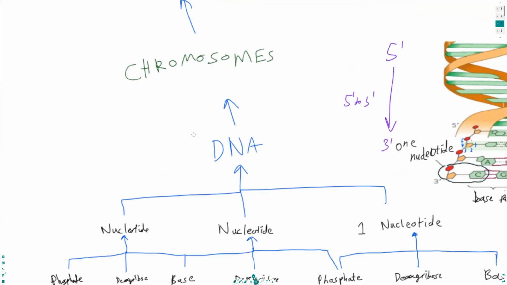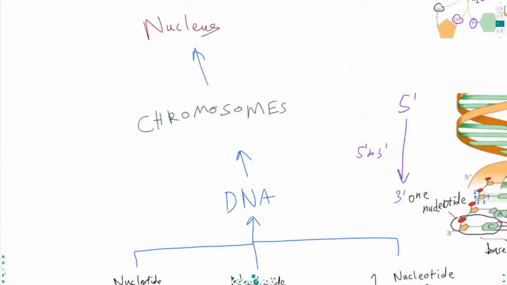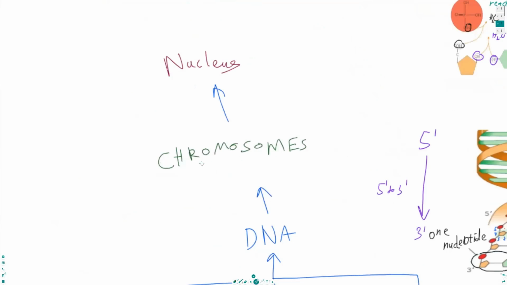One DNA molecule is actually called a chromosome: the DNA itself, wrapped around some extra proteins called histones, but we'll get to that later.